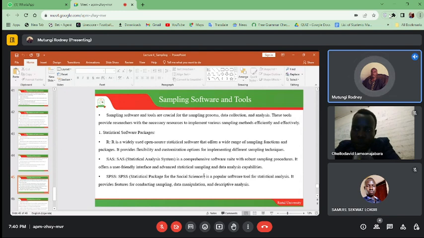Okay. So if you go to the field, you collect a lot of data about employment, tribe, education, marital status, all that, religion, all that, the nutrition levels. That is a lot of data.